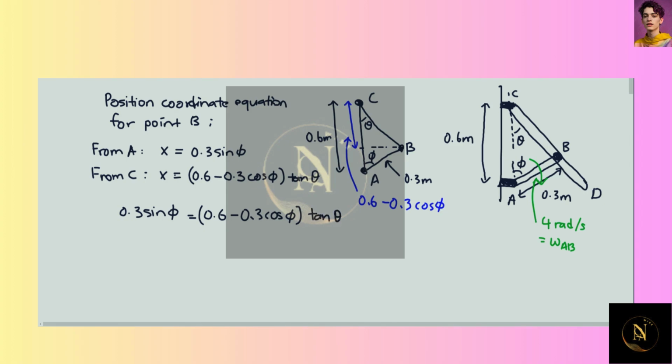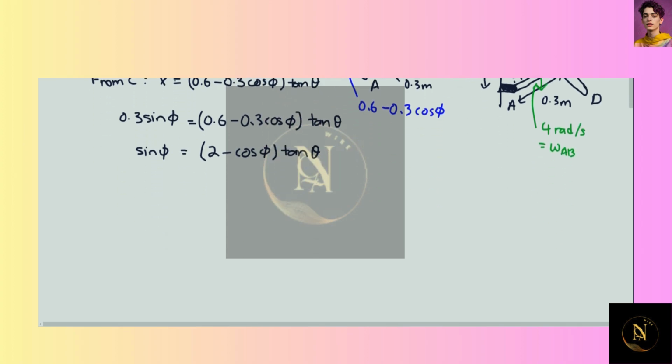Simplify, you get sine phi is equal to 2 minus cosine phi tangent theta.